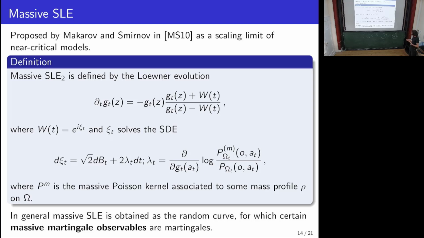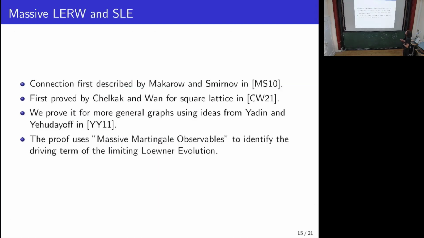So, what do we prove? That the massive loop-erased random walk converges to massive SLE2 was first proved by Chelkak and Van for the square lattice, and we just needed to generalize this because they proved it for constant mass and for the square lattice, and we had a different lattice.